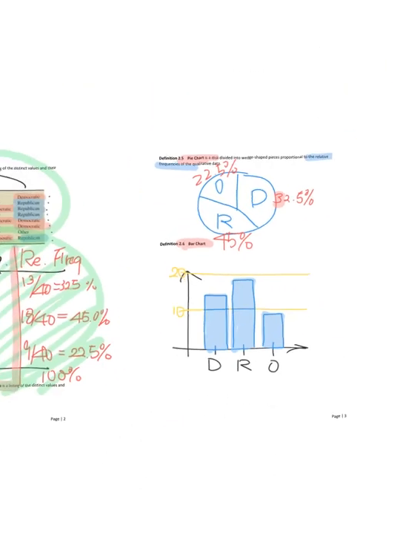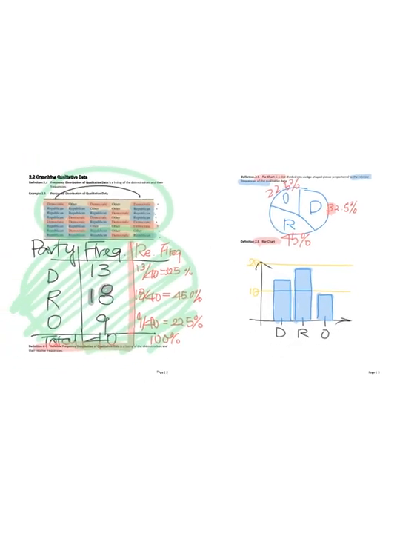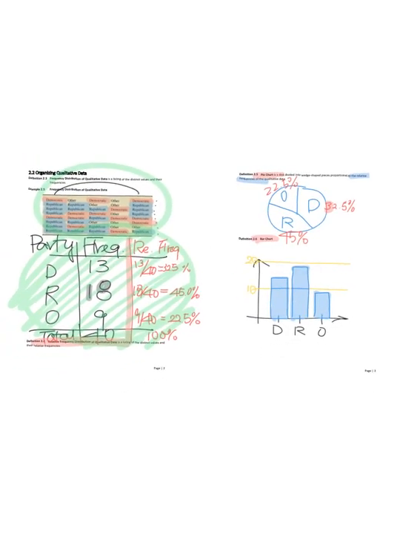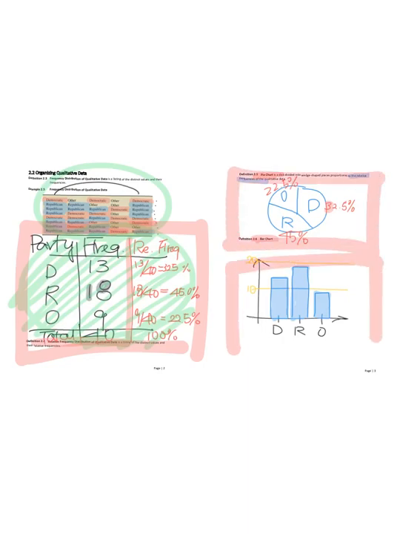Now we have, let me make it smaller, the three kinds of summarization and organization. One was the frequency table, pie chart, bar chart. Which one do you like best? How do you think? Which one?